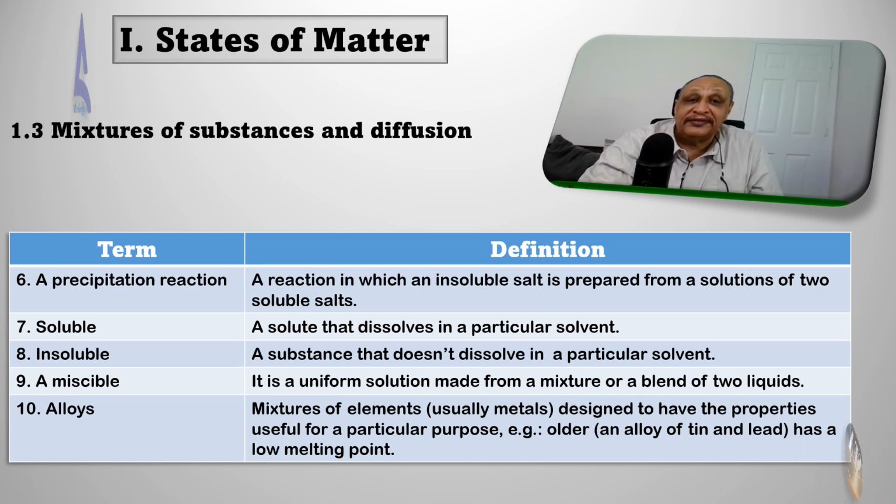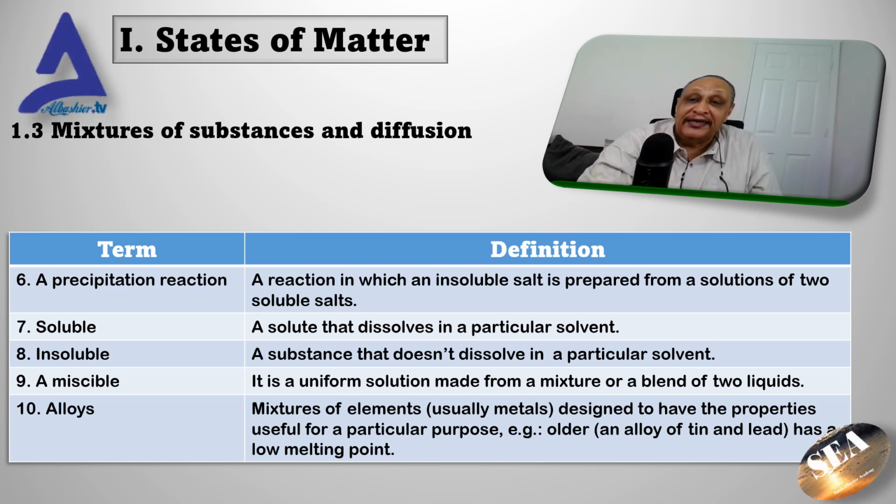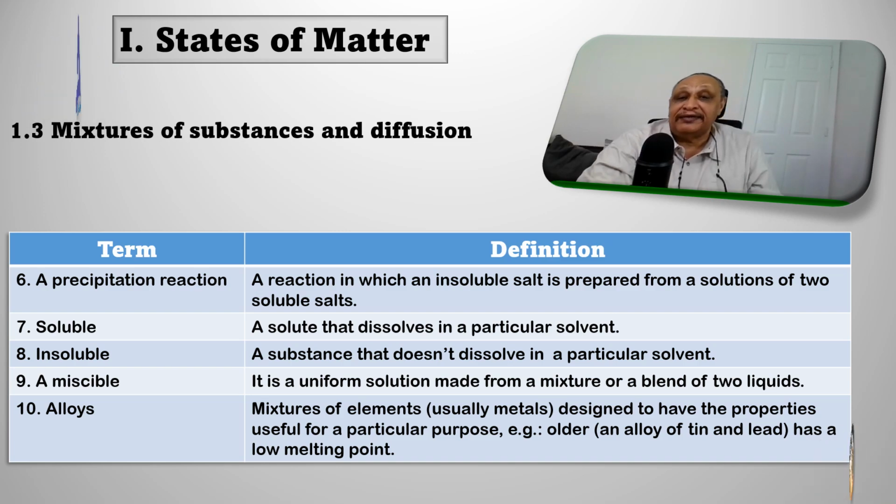Alloys: mixtures of elements, usually metals, designed to have properties useful for a particular purpose. Example, solder, an alloy of tin and lead, or gold of 18 carats or 14 carats, has a low melting point.